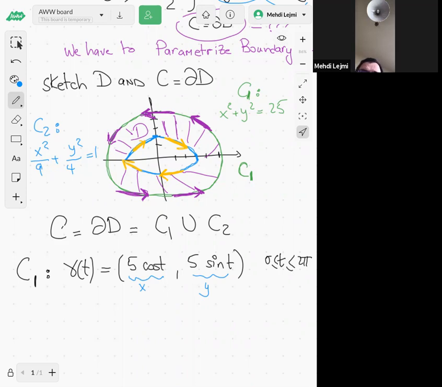So that gives you a counterclockwise rotation. So the orientation here is the right orientation.